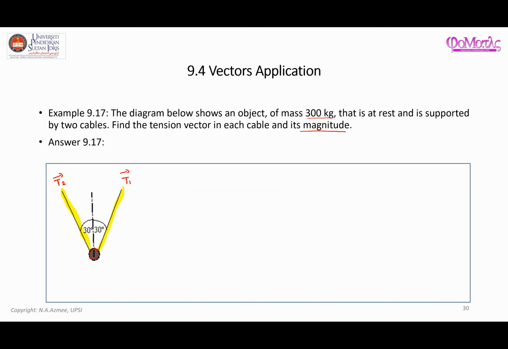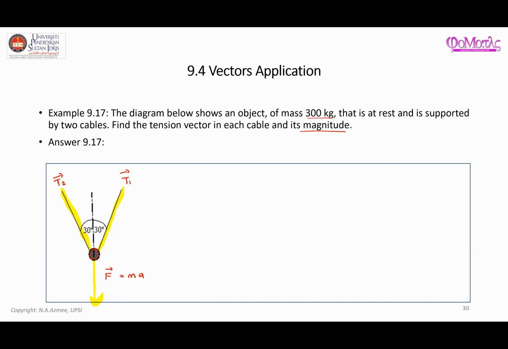Okay, so these are the two forces that act on the mass of 300 kilogram, and it is not explicitly mentioned in this example, but there is another force that is also acting on this object, going in this direction. I'm going to call this vector F, and this is equal to m times a, where m represents the mass.